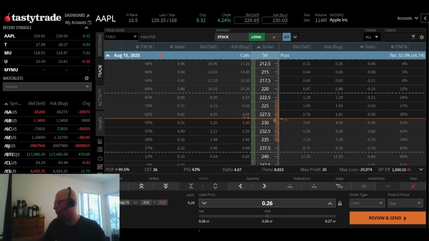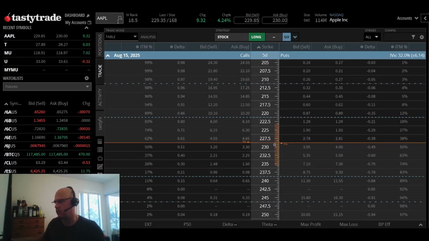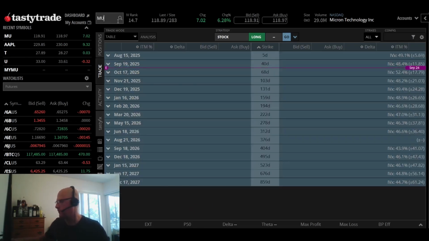So let's go back to our trading platform, clear out this trade here. I'm going to look at Micron because they have earnings coming up in the next couple months. So here on Tasty Trade, the implied volatility of the option chain, kind of an average implied volatility, is displayed on this right-hand side. So you see that these values are about 48, 49% here. And then there's an earnings announcement here on the 24th of September.